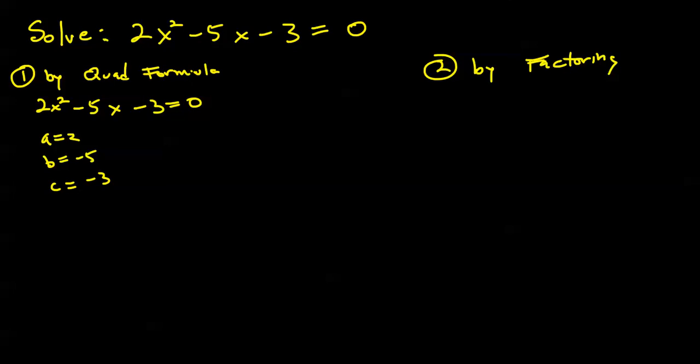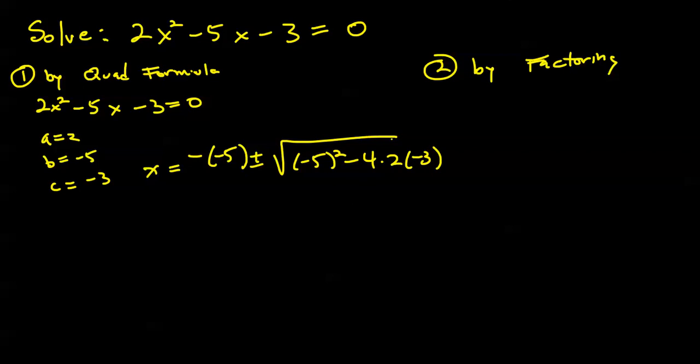Alright, the quadratic formula says x equals minus b plus or minus the square root of b squared minus 4 times a times c, all over 2 times a. Now please note when I subbed in negative values for either a or b or c, I wrap them in parentheses so I don't make sign errors.